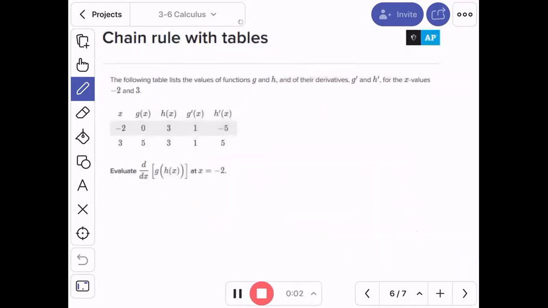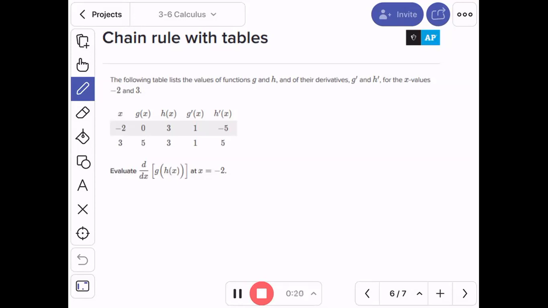Here's what it's going to look like on the AP exam. I've got a table of values for g, h, g prime, and h prime at 2 different values, at -2 and 3. The question is asking, what is the derivative of g of h at x equals 2?